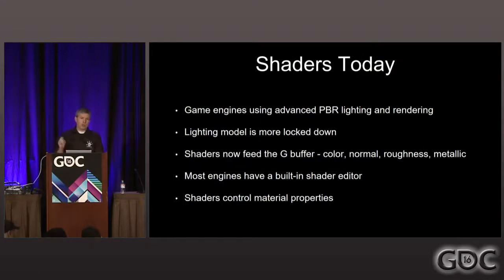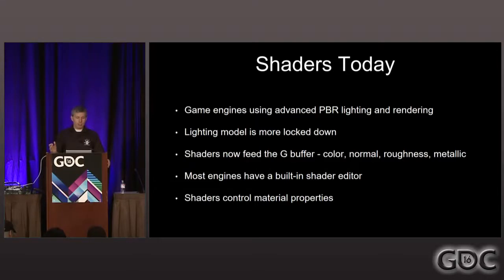So I want to talk a little bit about history. It used to be when shaders were first developed, you had a shader that did everything all together in one shader. But nowadays, game engines are using really advanced lighting models with physically based lighting. And a discussion of physically based lighting is kind of outside the scope of the talk.